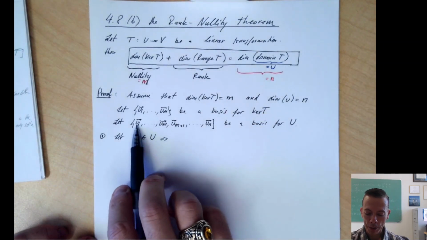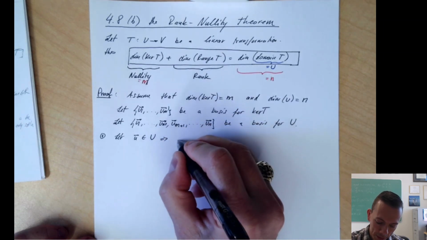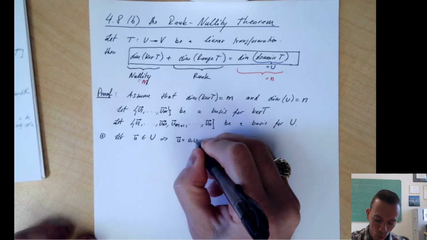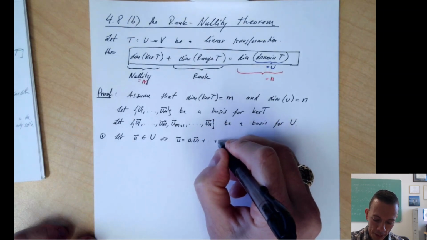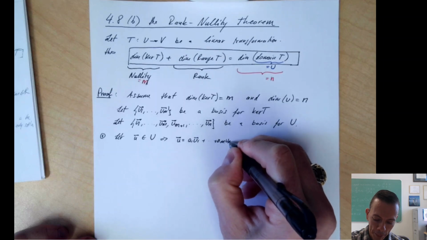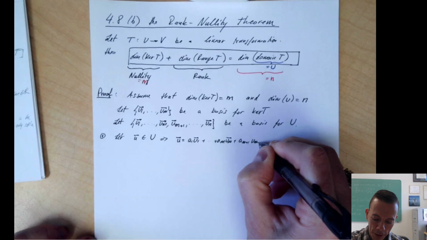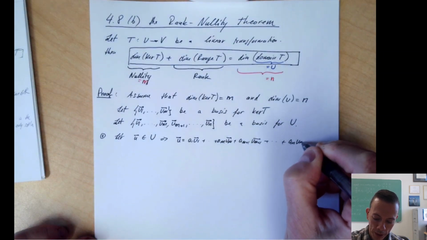We can write it in terms of the basis vectors for U. So we can write it as a1u1 plus a2u2 all the way to plus amum and then keep going, plus a(m+1)u(m+1) all the way to anun.